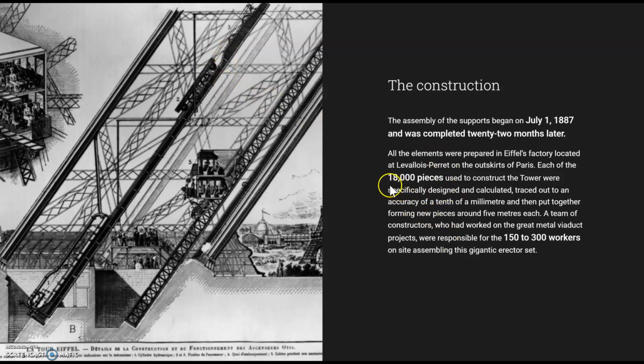This slide talks about some interesting facts. So 18,000 pieces that go into the tower, and that the accuracy in terms of designing and construction down to 1/10 of a millimetre. So incredibly accurate.